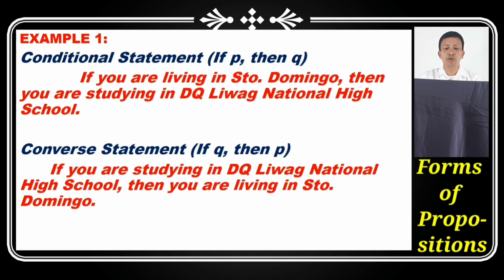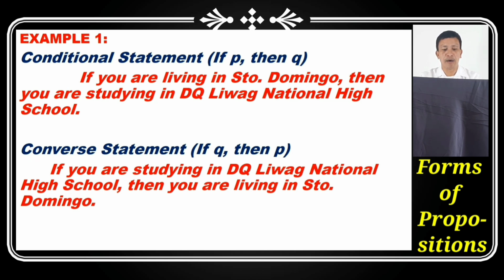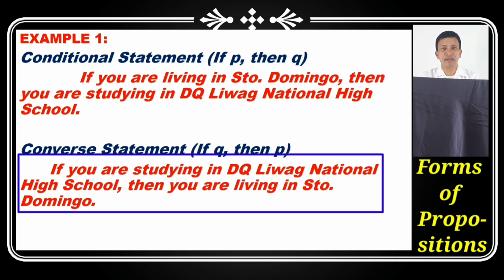Now, for us to convert this into a converse statement, interchange the P and Q statements. So we have, if you are studying in Diculiwag National High School, then you are living in Santo Domingo.